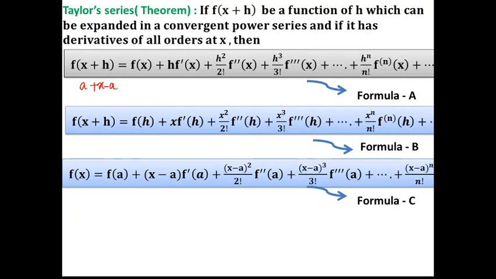So for the powers of h and x minus A, we will use formula number A and formula number C respectively, whereas if we want to expand this in the powers of x, then we will use formula number B. I hope this selection of formula is clear to you all.